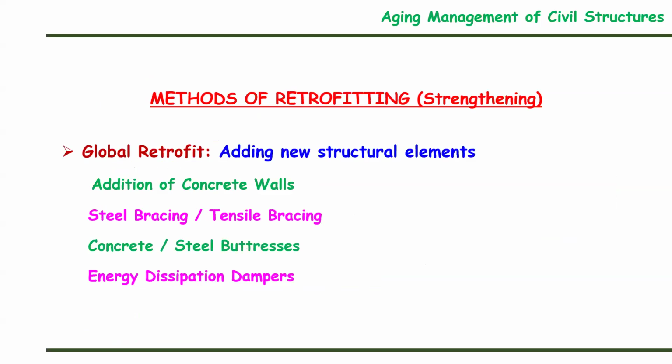Next, we come to the methods of retrofitting. Retrofitting means strengthening: I am trying to restore the original capacity, or I am trying to enhance the original capacity. There are two kinds of retrofit: one is global retrofit and the other is local retrofit. In global retrofit, we add new structural elements, which could be an RCC wall, steel bracing or tensile bracing, concrete or steel buttresses, or energy dissipation dampers.